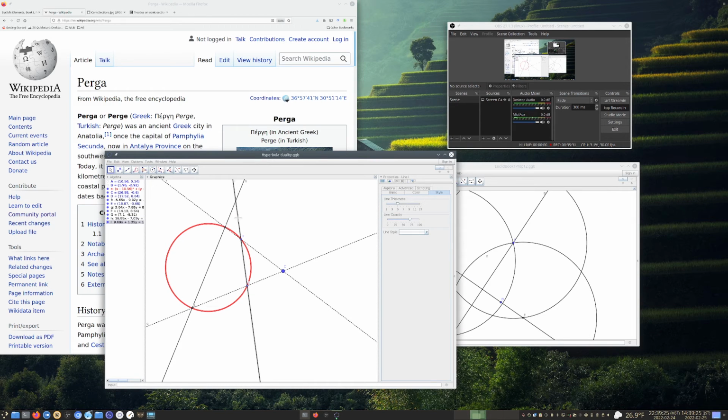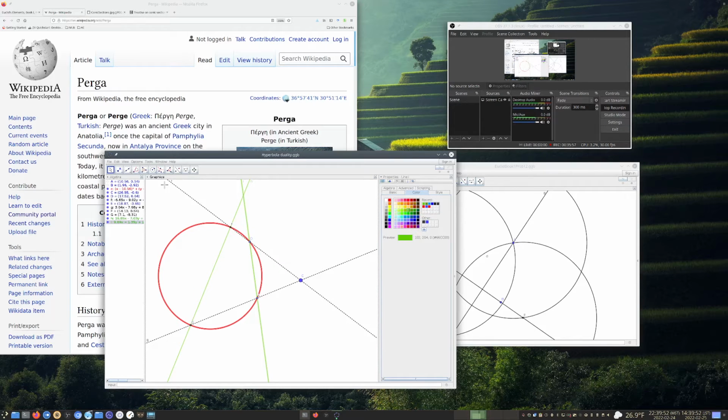Okay. So let's make these solid, and let's make them like green. How about light blue? That could work. Light blue. Okay. And then no, green. Green. Okay. And then obviously this point up here is important. Okay.